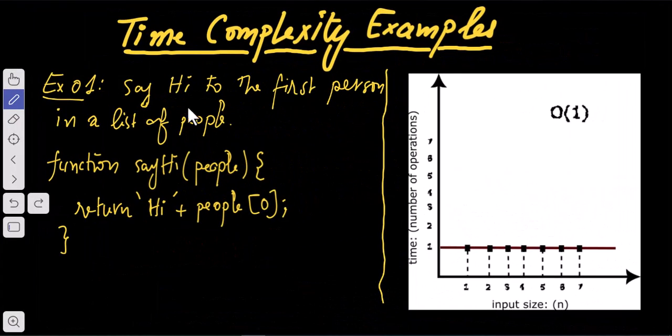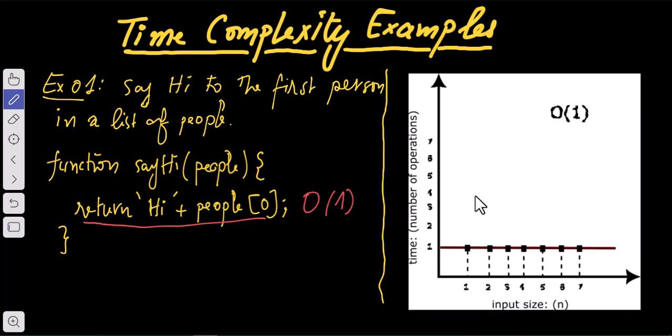In this first example, we want to say hi to the first person in a list of people. If we analyze the function that says hi to the first person in the list, we see that it has only one instruction, and this instruction executes only one time, no matter how large the size of the list of people is.